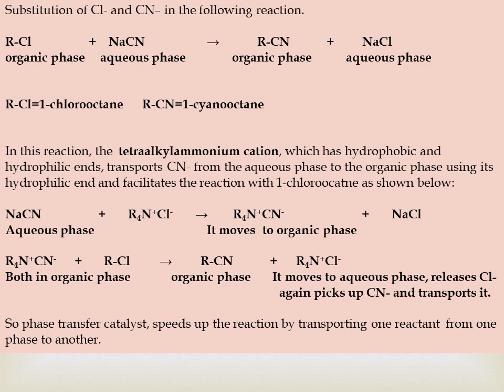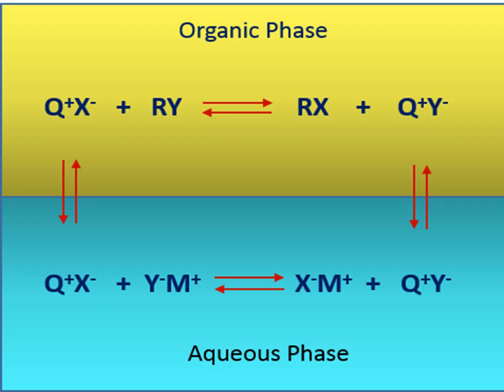In the next slide, you will understand how this transfer takes place by a picture. Look at the picture. Okay, so let us start from the blue part. Here in this blue part, Q+ X-, that is your phase transfer reagent. Go towards the right.